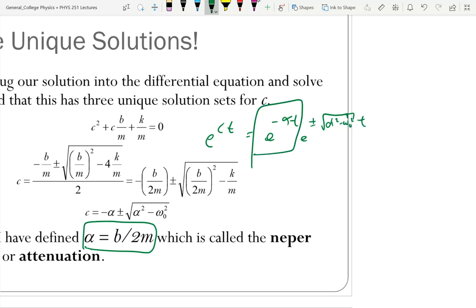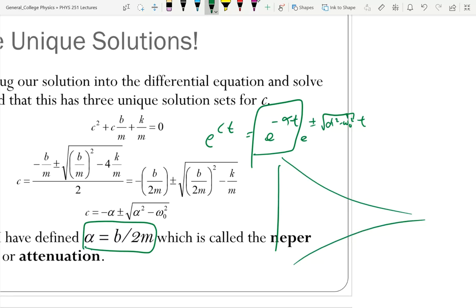This term here is an exponential decay. That's why we call alpha the attenuation sometimes. So this term here is going to make my solution go towards 0 as time progresses.